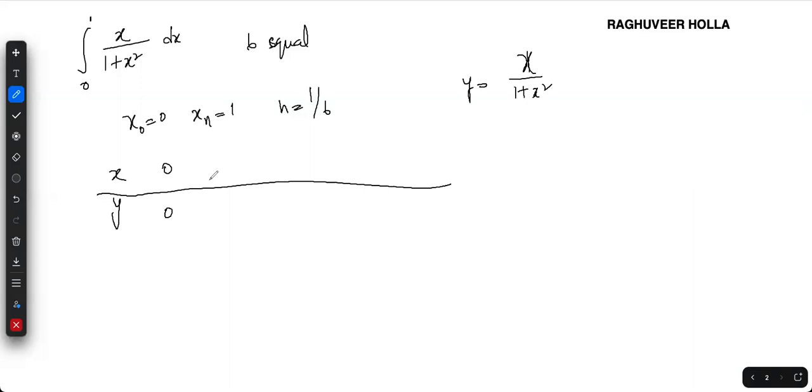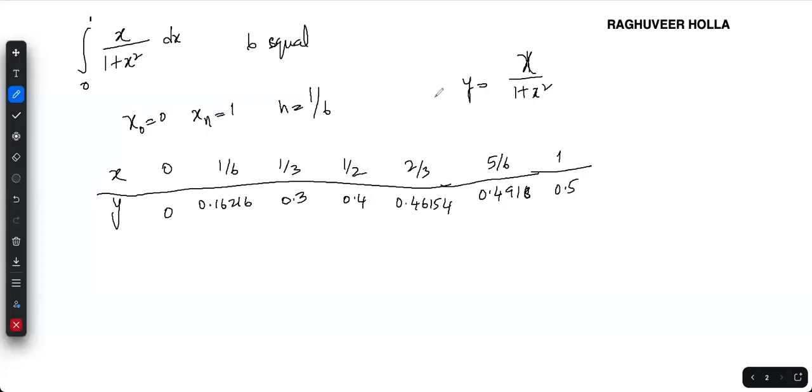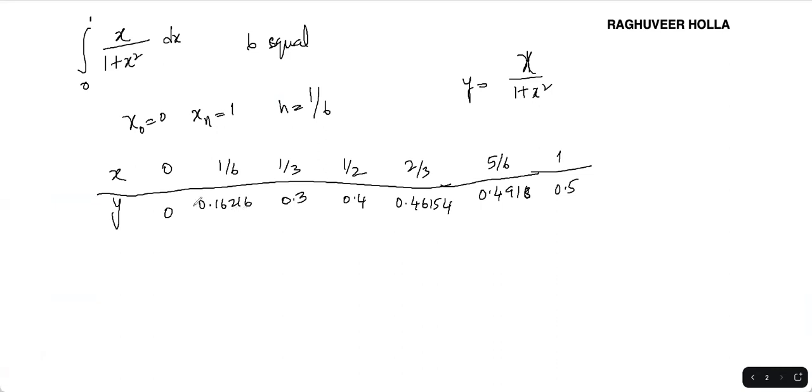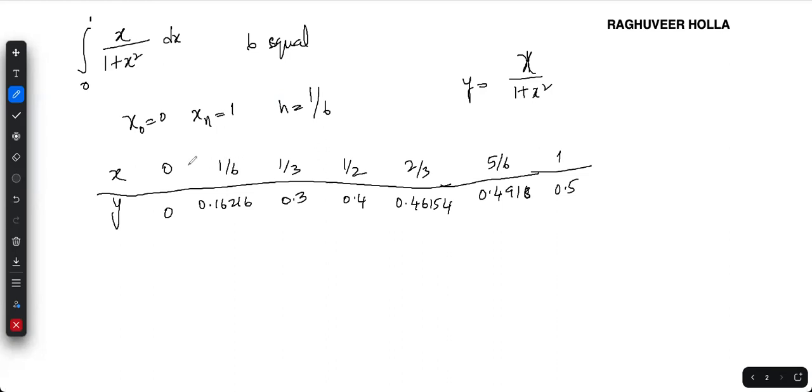For x equal to 1/6, this is 0.1616. Please write down. So here are all the values. As in the previous problem, these are your x naught, x1 to xn, which is x6, because of 6 equal parts. This is corresponding to y naught, y1, up to y6.